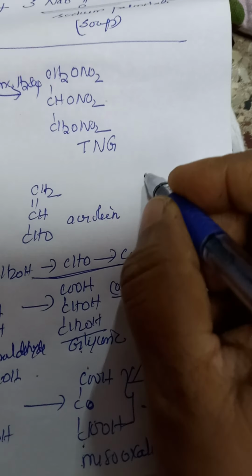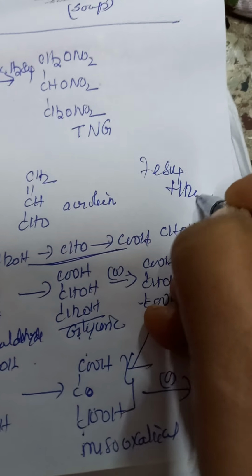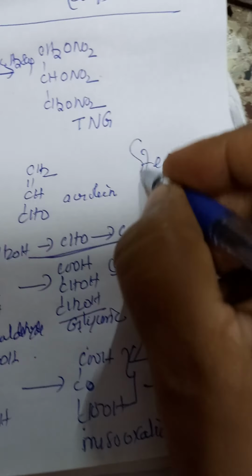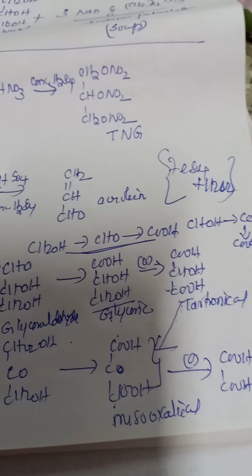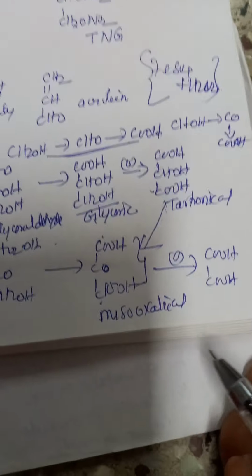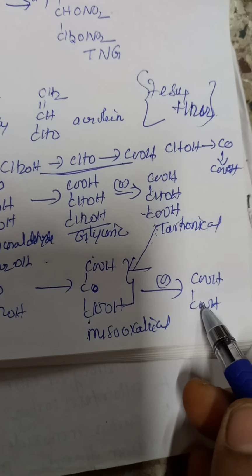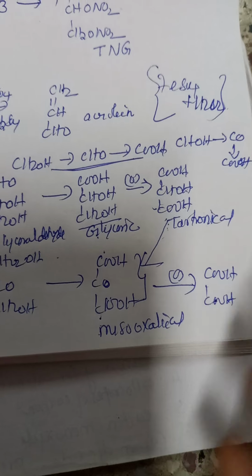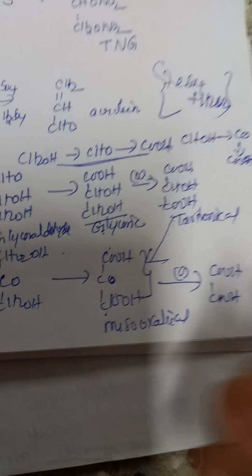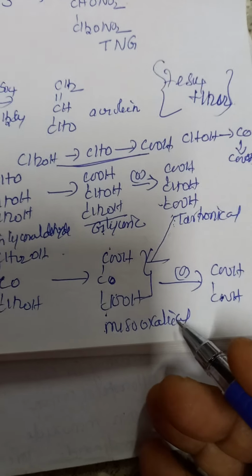Fenton's reagent is a mixture of ferrous sulfate, FeSO4, plus H2O2. For oxalic acid conversion, potassium permanganate is used. For converting formaldehyde to formic acid, hydriodic acid and lead tetraacetate are used.